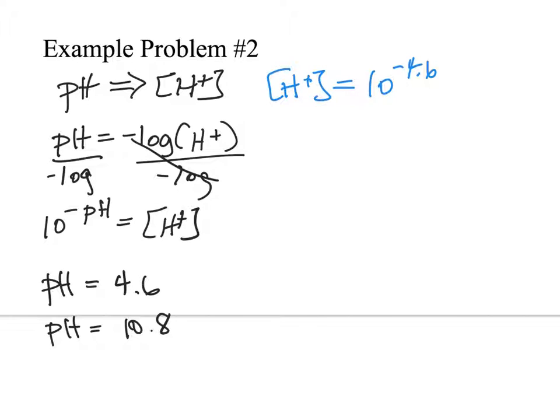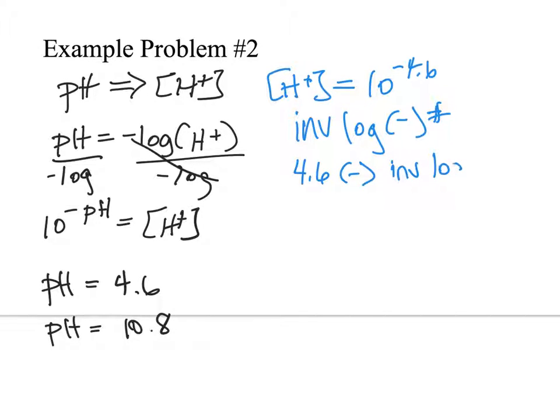All right, so again, if I have a graphing calculator, I can go ahead and put in inverse log and then change sign and my number, equals. In my calculator, I have to put 4.6 and then the negative change sign and then inverse log. All right, so let's go ahead and plug and chug.